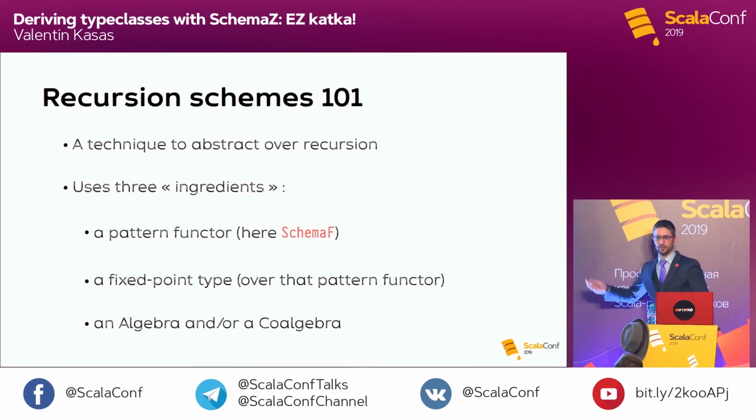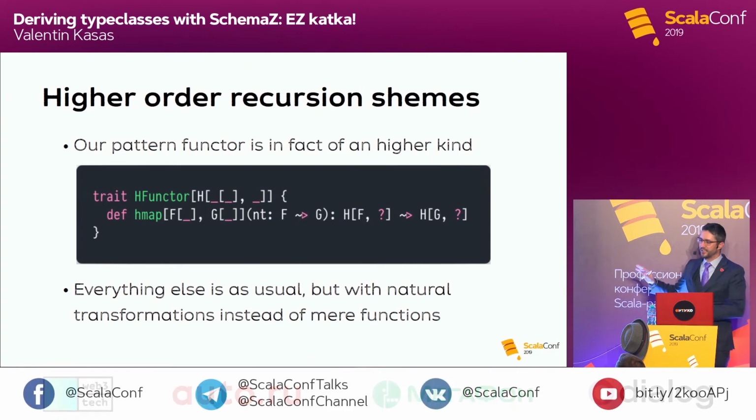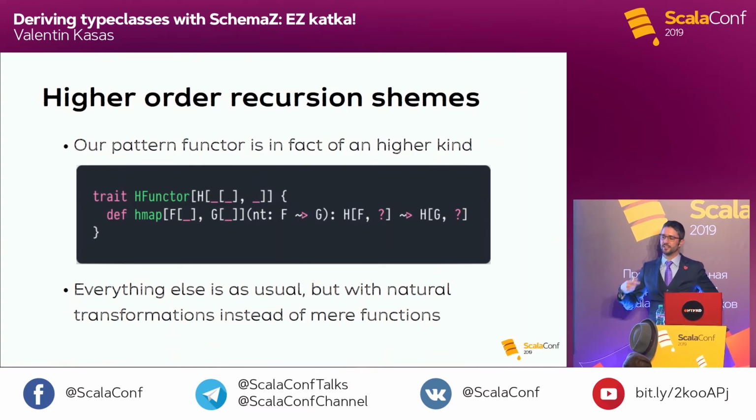This is true in general for recursion schemes, but we are acting one kind higher. So instead of having a pattern functor, we have a pattern higher order functor, which is this ugly thing. I don't expect you to parse this code, but it's just as usual with a functor: a functor has a map function.